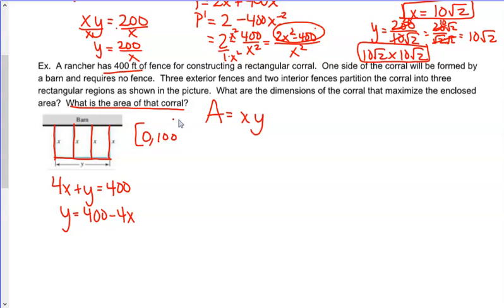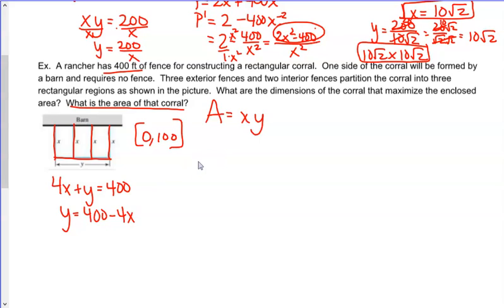So our interval of interest here is actually from 0 to 100. So again, when you're working with area and the constraint is a perimeter, it's different when your constraint is area. Here, you can figure out where that's going to be equal to 0, and that'll help you out with your interval of interest, okay? So that's our interval of interest.